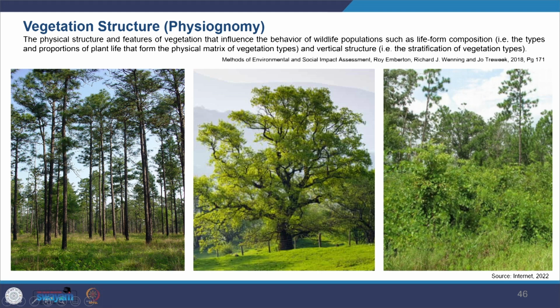And also we see the vertical structure and how it is stratified, the stratification of the vegetation type. So in the image you can see different structures, and the wildlife which it could hold would vary accordingly. You can see tall trees, and then the moderate height and the shrubs, and according to that the wildlife changes in what it would hold there.